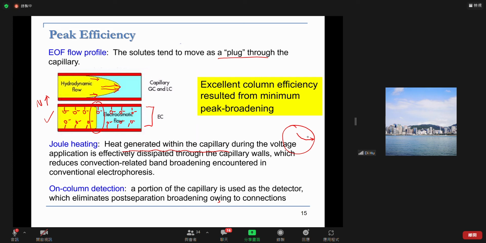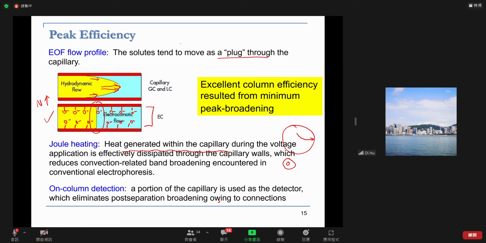However, what you have now is a capillary, so it's very fine inside, very tiny. Very thin, so that means the heat generated can be dissipated effectively through the capillary wall, and not really forming very obvious convective movement.